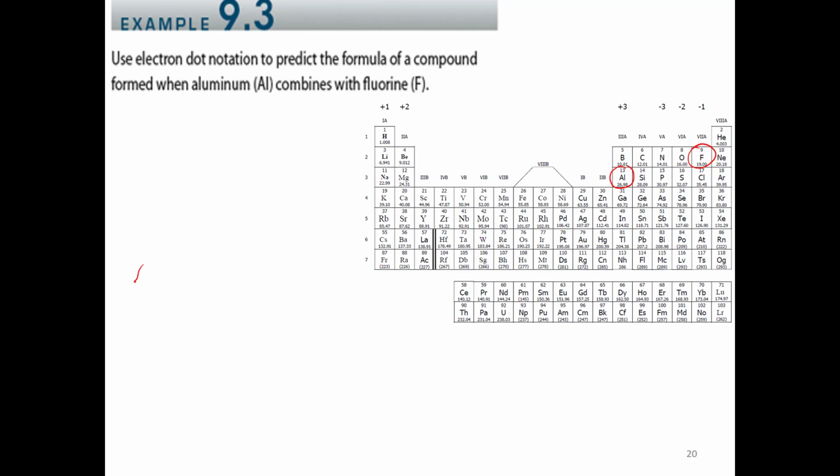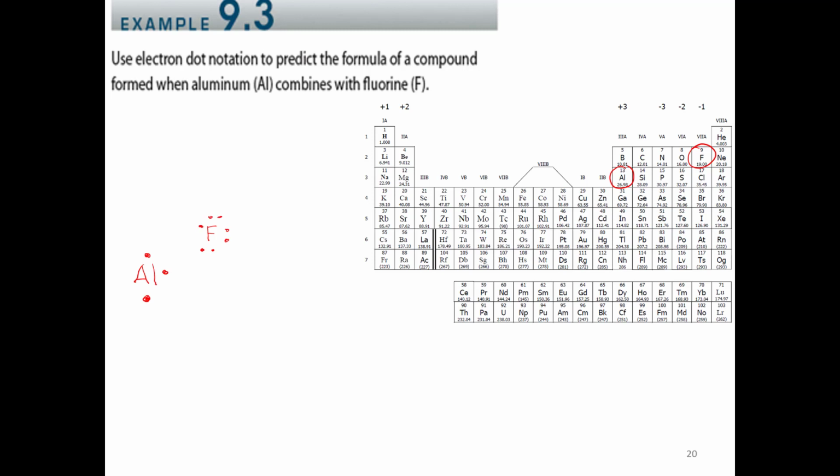Aluminum: 1, 2, 3. Then we have fluorine, and fluorine is in group 7. Then fluorine has 7 electrons in the last shell. Let's represent this using dot notation: 1, 2, 3, 4, 5, 6, 7.